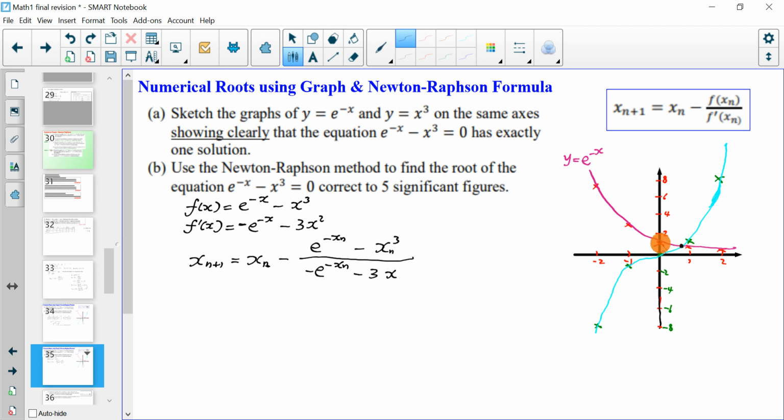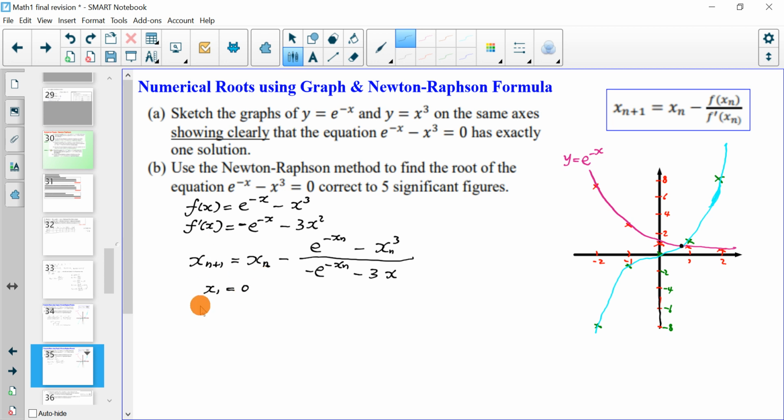It doesn't matter. Sometimes Newton-Raphson will fail. If that happens, maybe try the other value. But usually, if it doesn't fail, then it doesn't matter which one you start with. So I'm going to say I will start with x1 equal to 0.